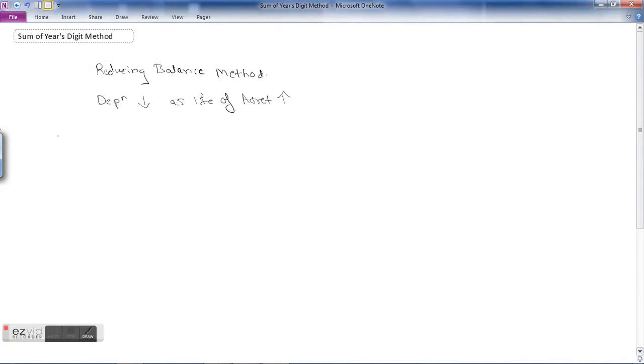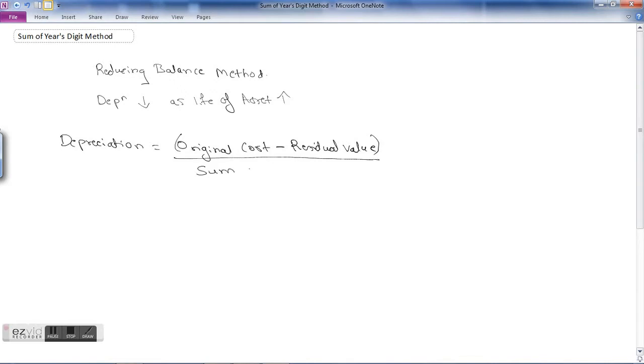So now let's see what is the formula for depreciation. Depreciation is equal to original cost minus residual value, divided by the sum of the number of years, that is the estimated life of the asset, into the remaining number of years.